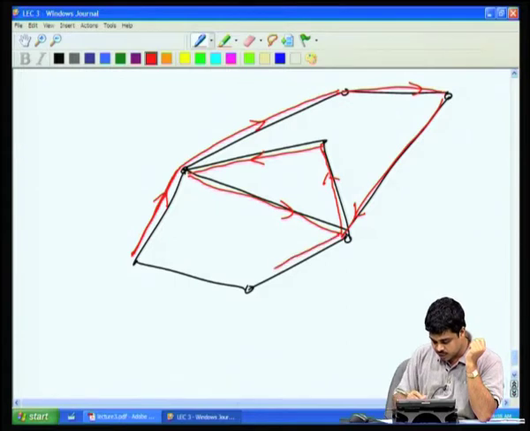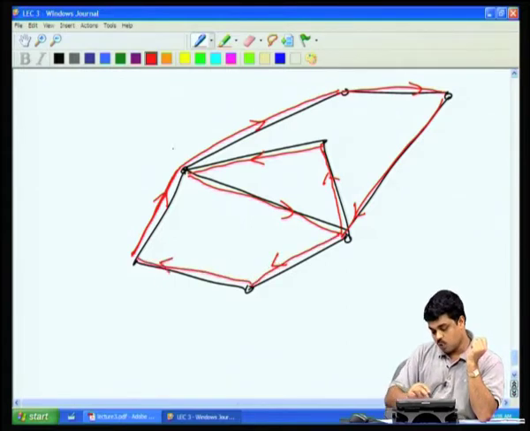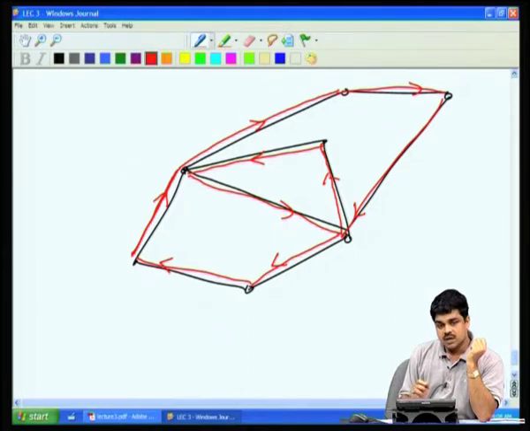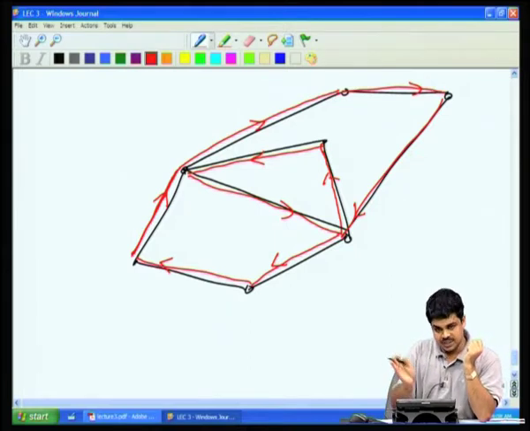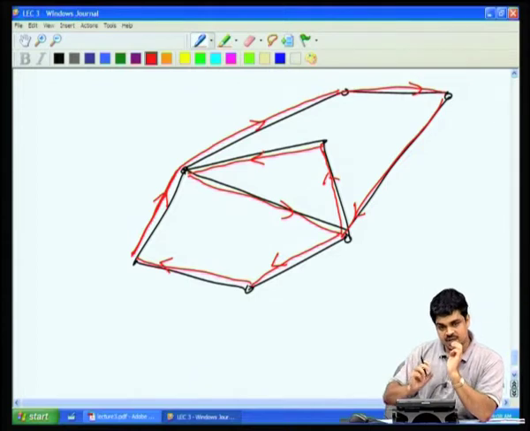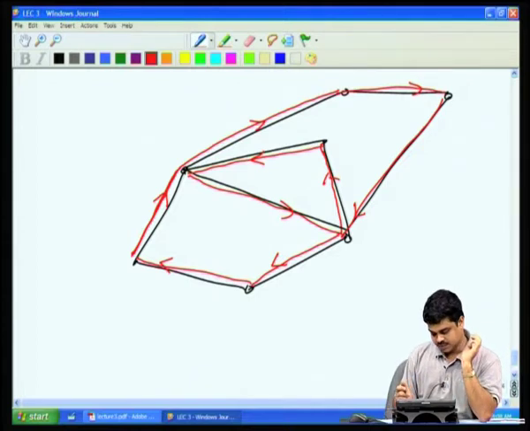So, I will give only one direction to the edges. This is one way of orienting the edges. What you do is you follow the Euler tour, and as we go through the edge, we give a direction to that edge which corresponds to the direction in which we traverse it.